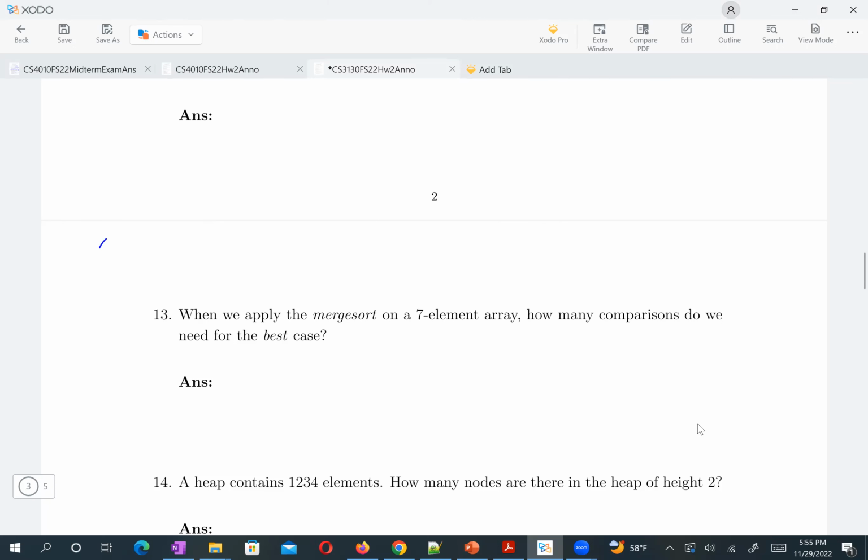Let me show you n equals 5. If I work on the question but just change n from 7 to 5, let me show you the typical way for this question.